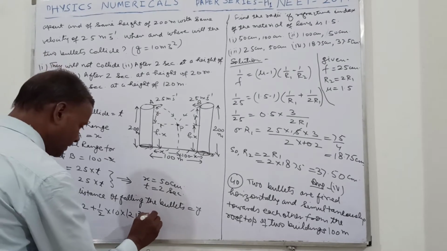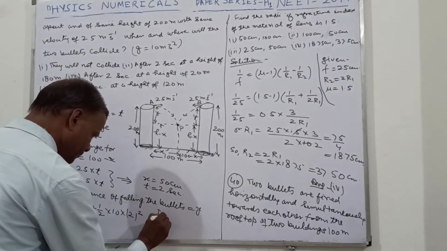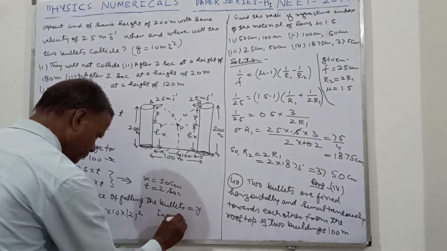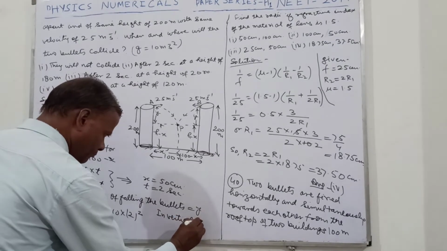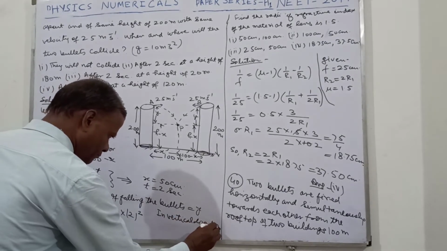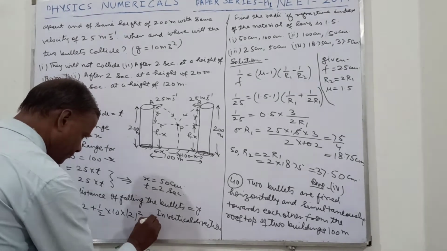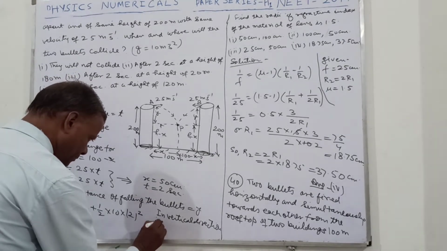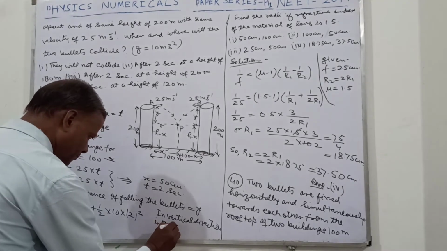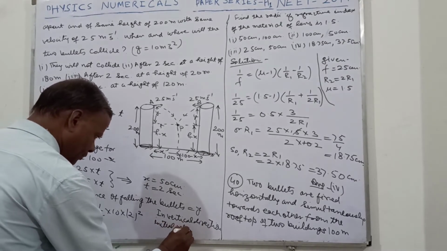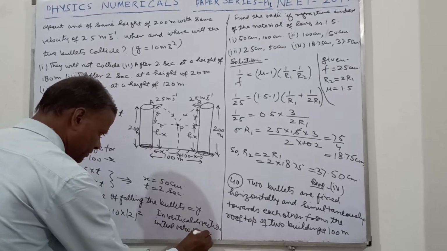So in the vertical direction, the initial velocity is equal to 0.